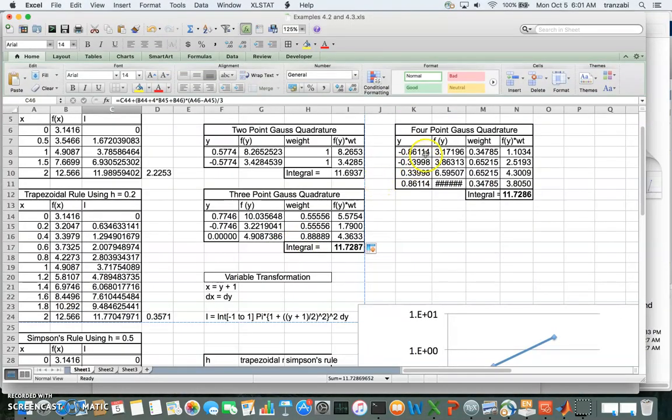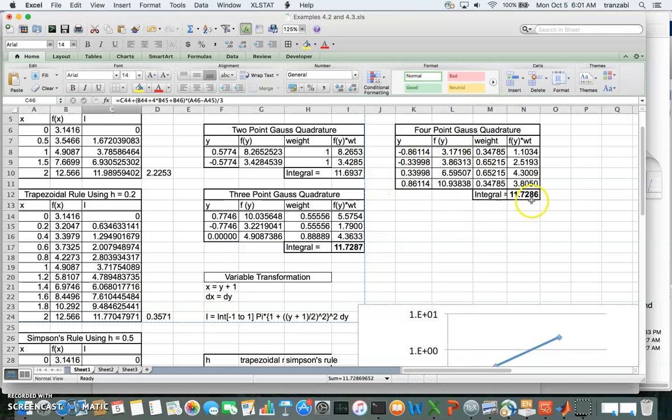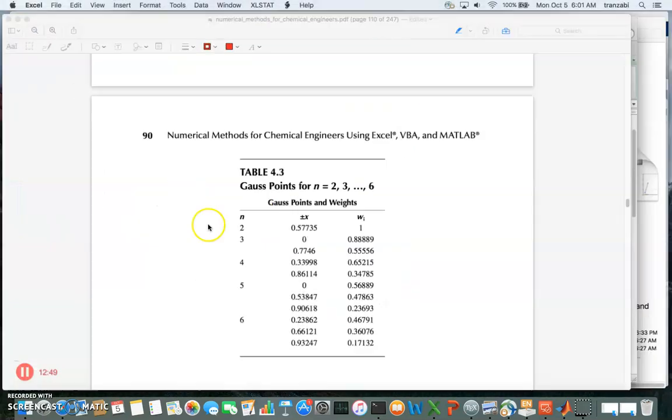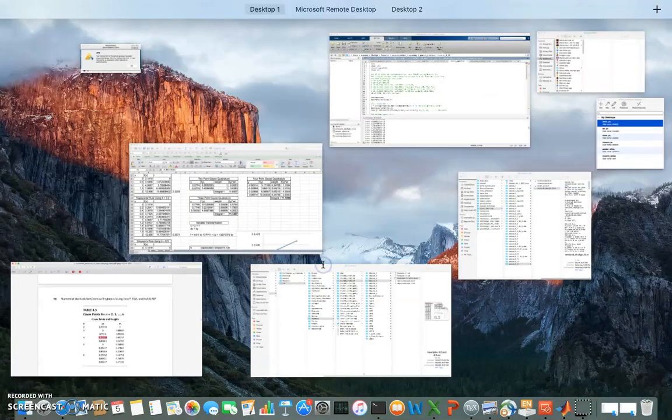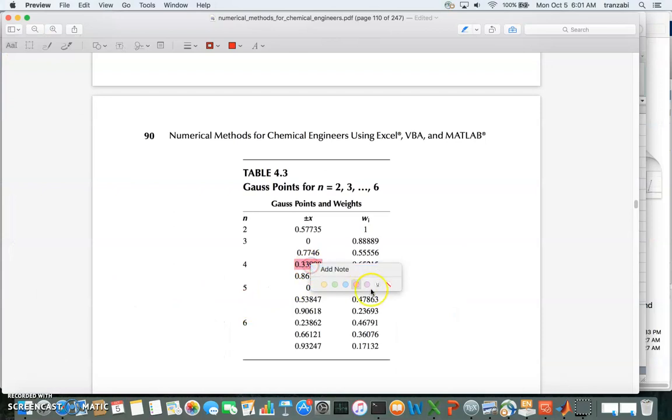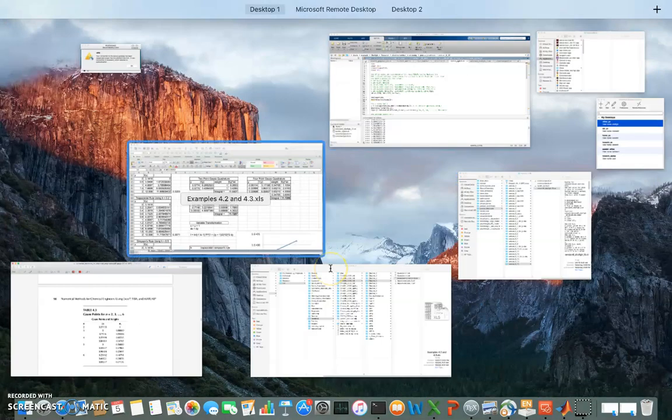Okay, we can go ahead and do the 4-point exactly like the textbook did, and the result actually doesn't change up to 2 decimal digits. You see 72, 72. Again, points are taken from the table, 0.86 plus minus and 0.33 plus minus. That's the 4-point, right? So 2 points here, 2 points here with the corresponding weights, 0.65 and 0.34.